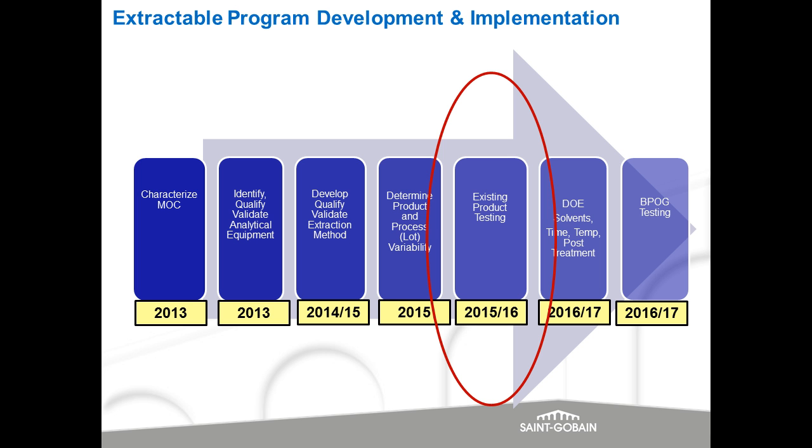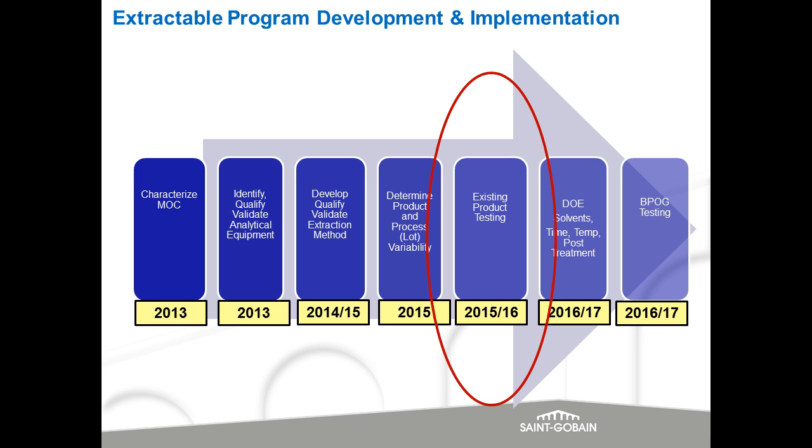So we started this program in 2013. And really that was the point that we started looking at all of our products and trying to characterize them from a more fundamental understanding of how the polymers are compounded, how they're extruded, what materials go into them, what additives there are, what the potential extractables could be. So we spent several months compiling these lists of potential extractables.